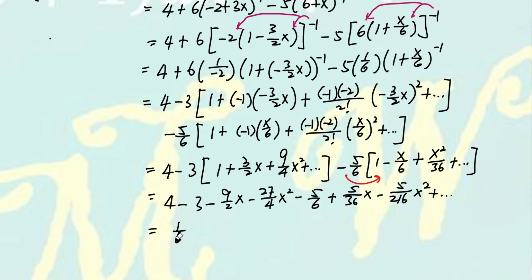Okay, then the coefficient for x becomes minus 157 over 36. And last term, so this will be your expansion.